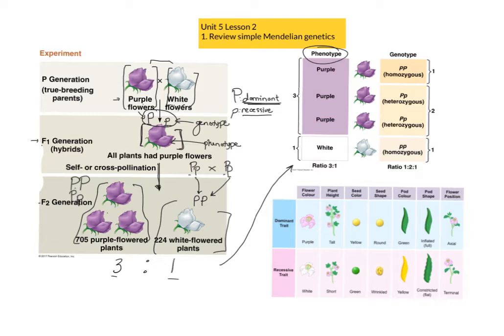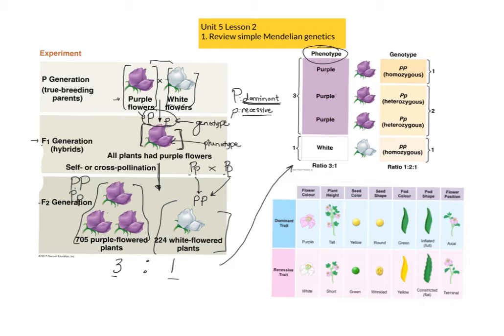And so to consider that, he started to describe these different types of genotypes, or combinations of heritable factors, as homozygous or heterozygous. Now, homozygous just means you have two of the same heritable factor, and you can either be homozygous dominant or homozygous recessive.